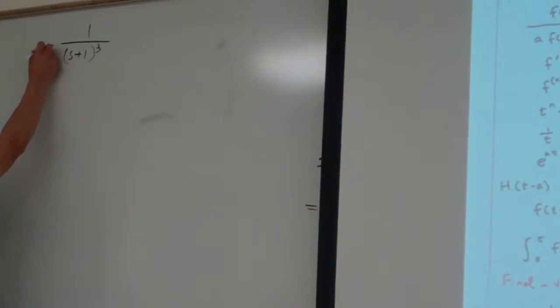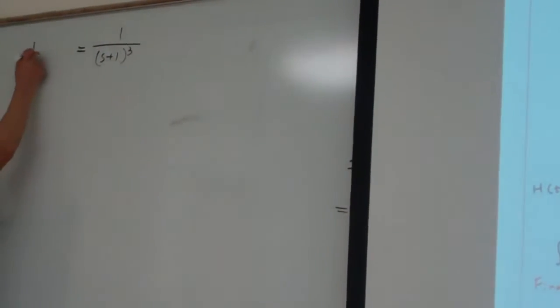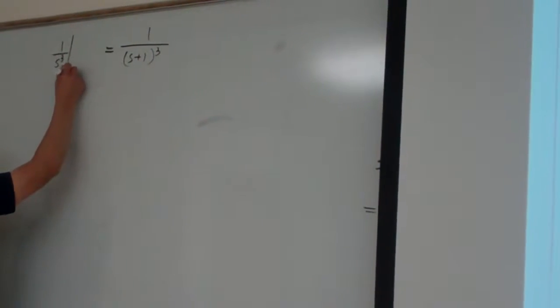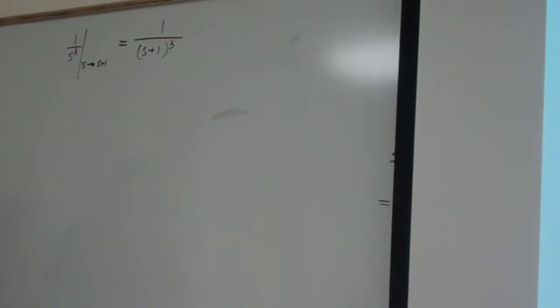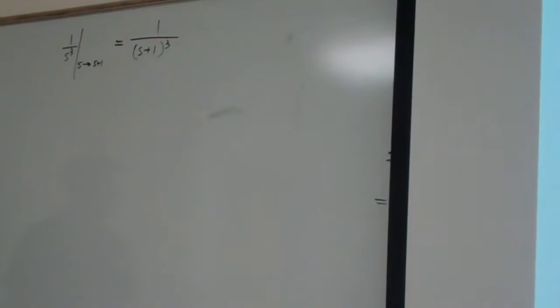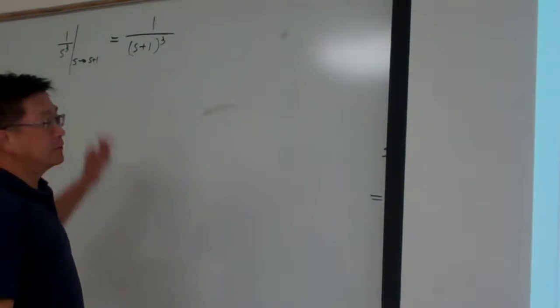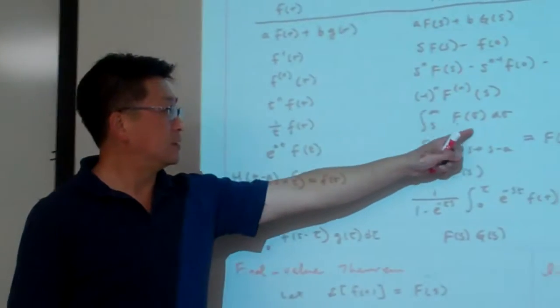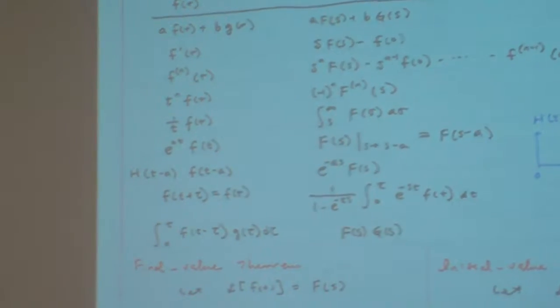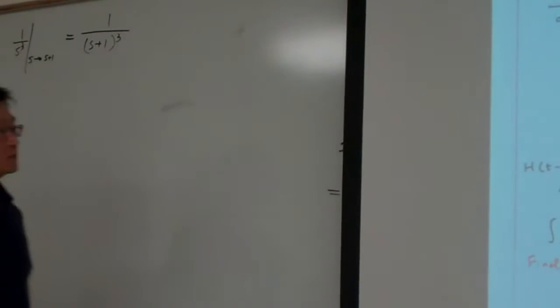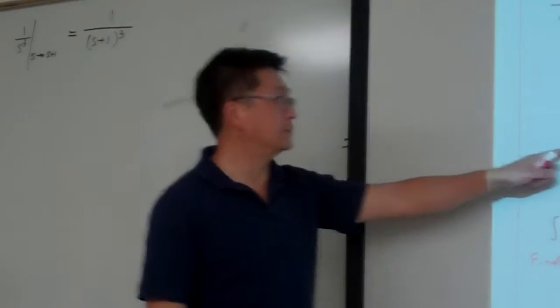Basically this one is equivalent to we have this form, and when we set up s replaced by s plus 1, you can think about it like this. And so right now, this form basically is this one here. And for this one, we take the inverse Laplace transform has this form.